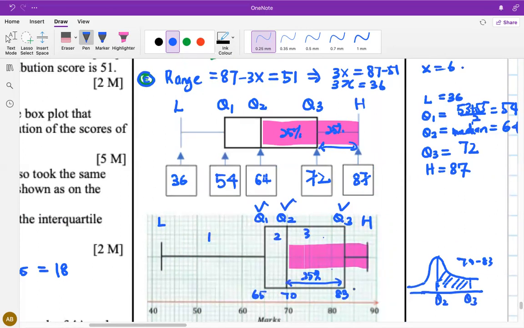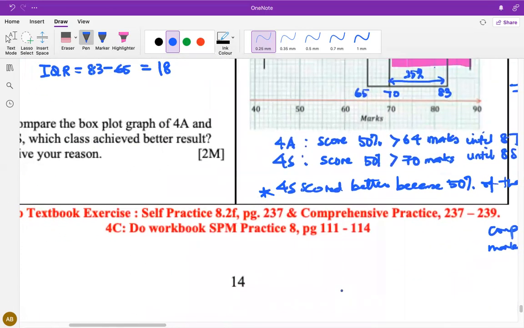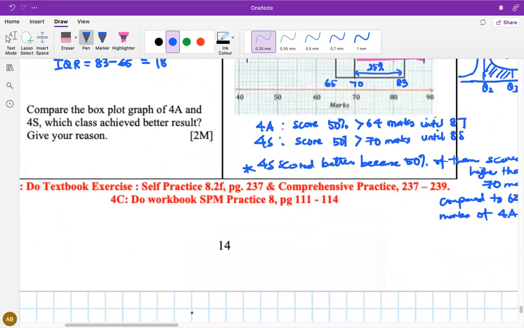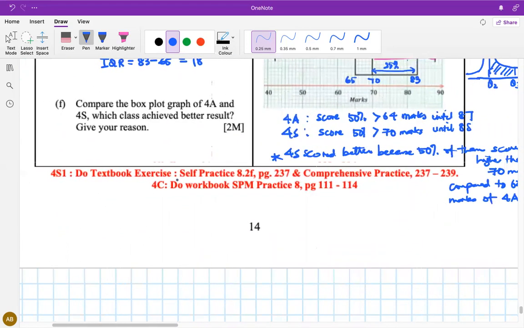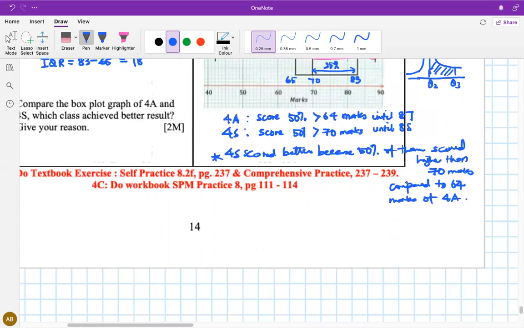So it's bigger here, a bigger range here. And then the marks are higher. So that is how you explain. So you do the exercise. For Science 1, do the exercise set practice open to F, page 237, and comprehensive practice 237 to 239.